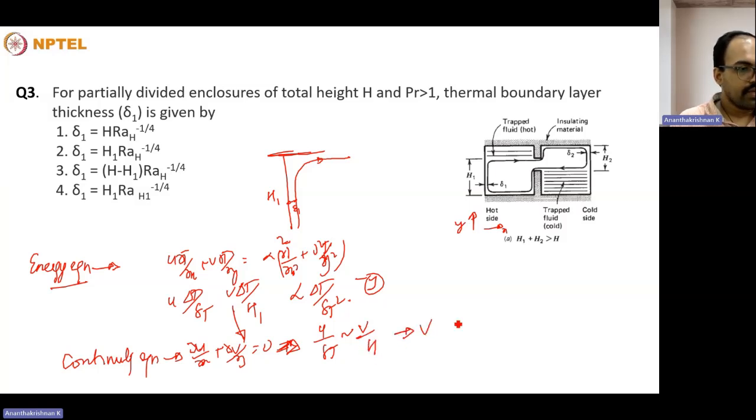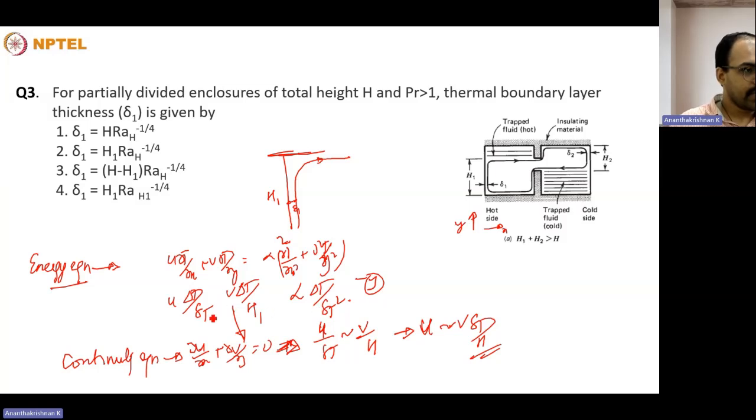So we'll get u is of the order of v delta t divided by h.